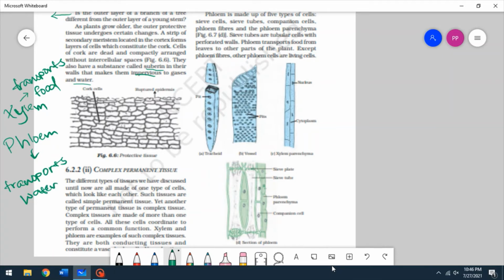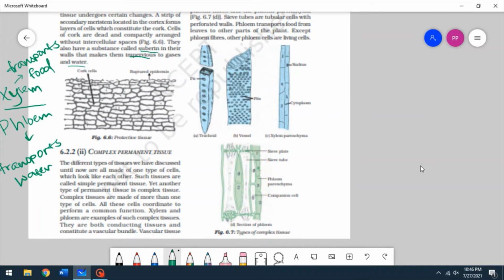Xylem transports food while phloem transports water. Xylem and phloem are both examples of complex tissues, and together they constitute the vascular bundle. So that was what I was talking about previously. Vascular bundle has xylem and phloem together.